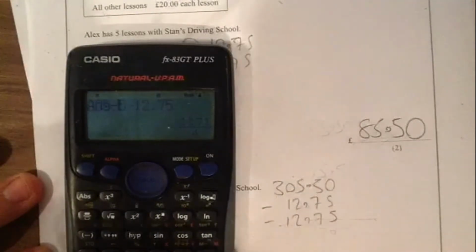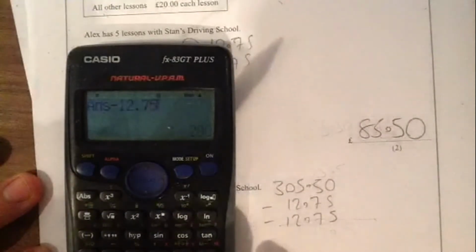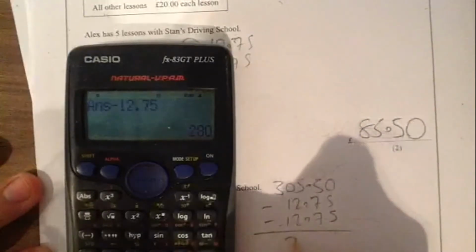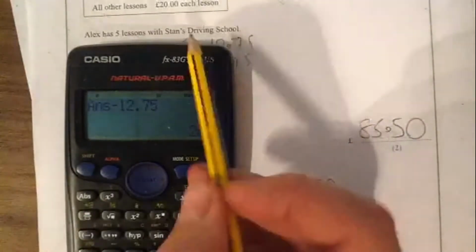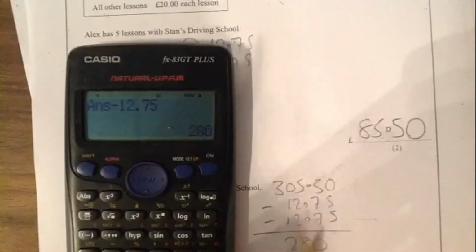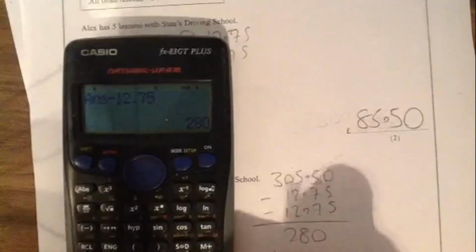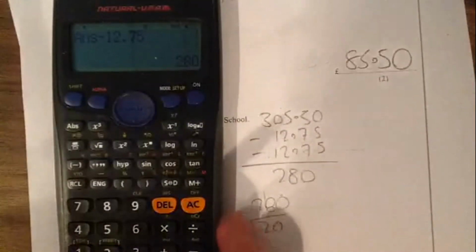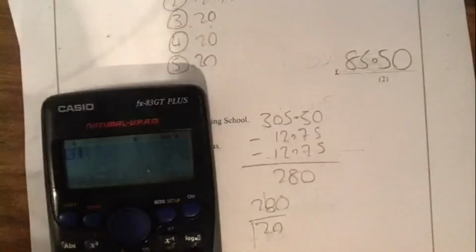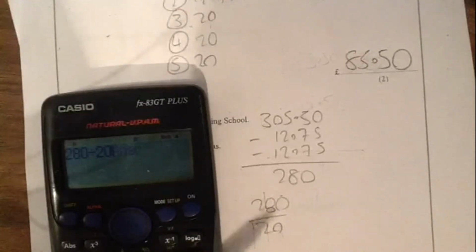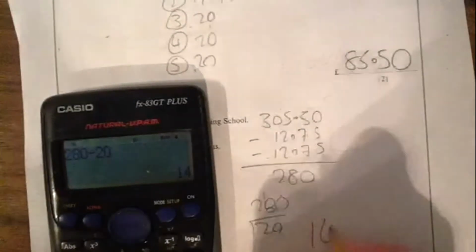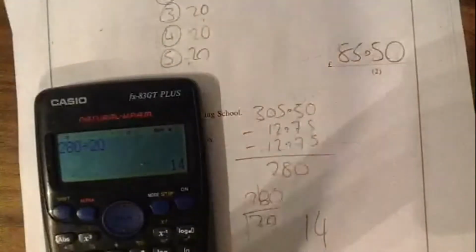I'm going to press equals between these, just because I'm subtracting, which means this is 280. So all I'm left with is the lessons that cost £20. So I'm going to have to do 280 divided by 20. I want to use my calculator for that. Which equals 14 lessons. So it's going to be 14 lessons.